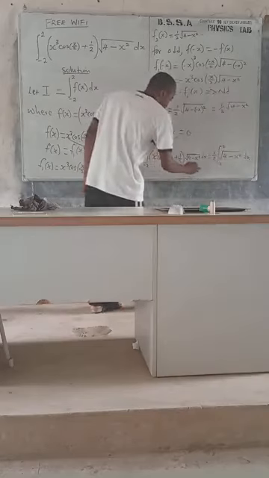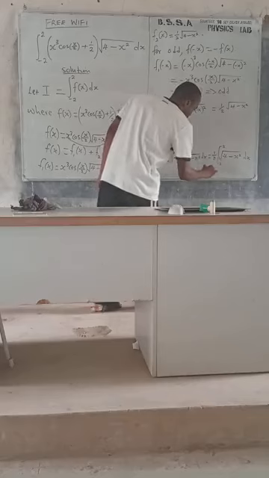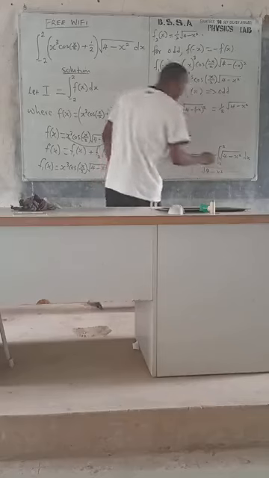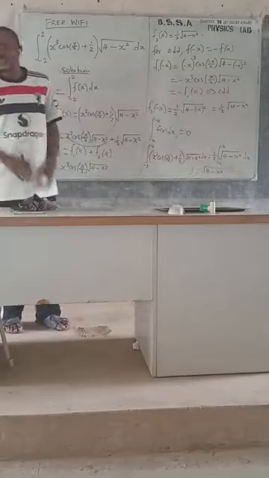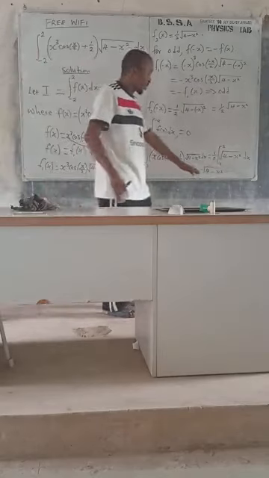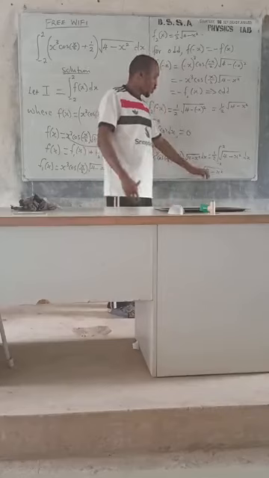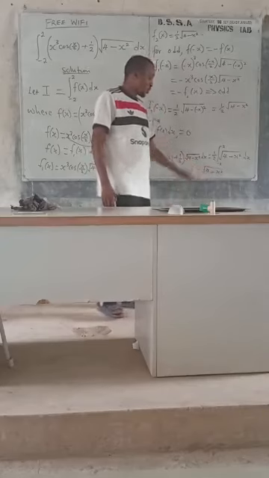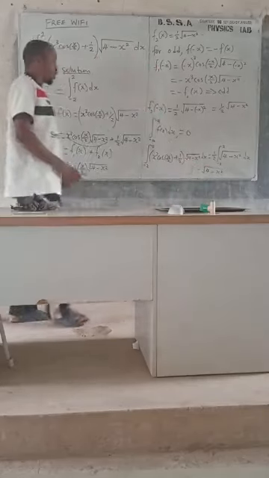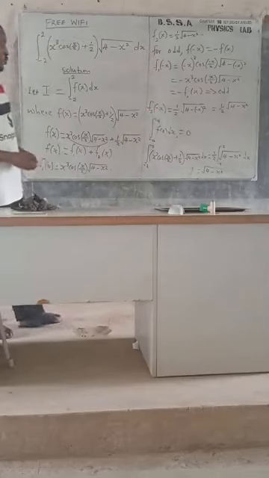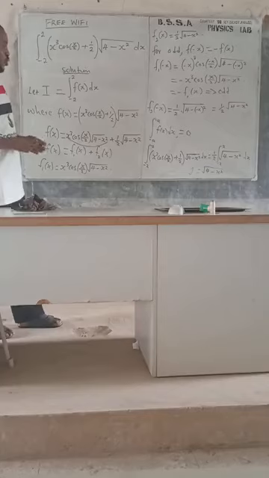And if we let y equal the square root of 4 minus x squared, you can look at this: this is just nothing but a circle of radius 2.